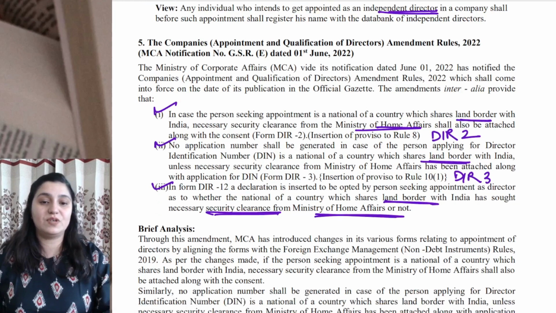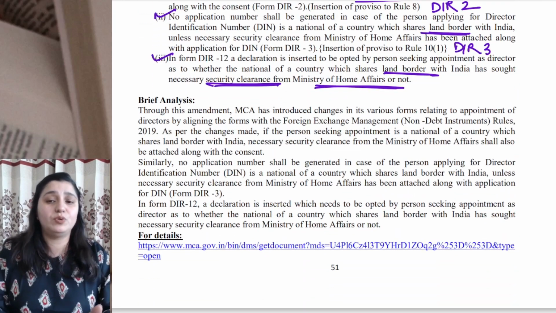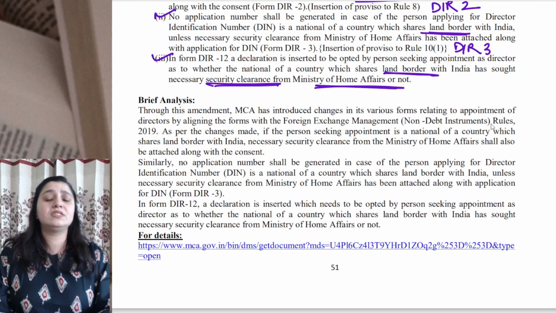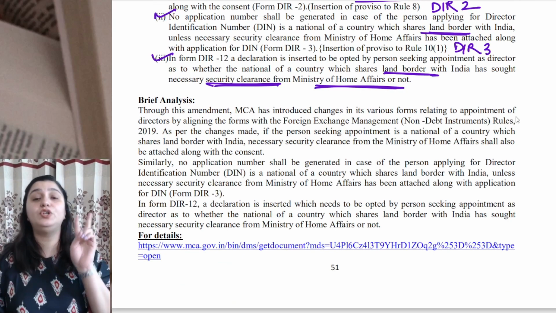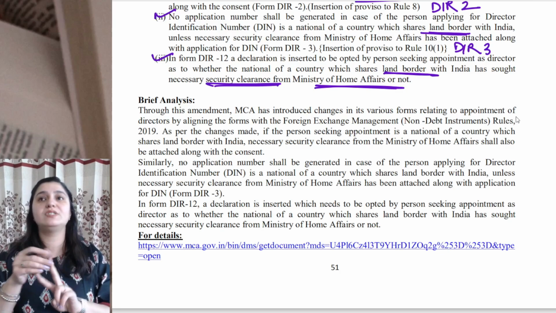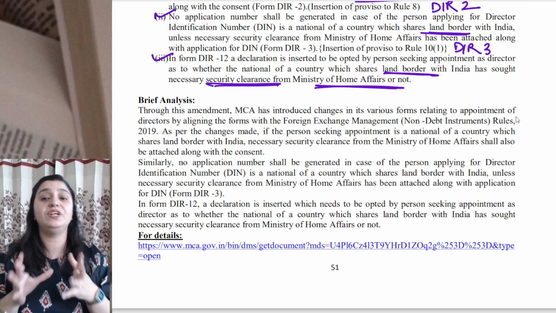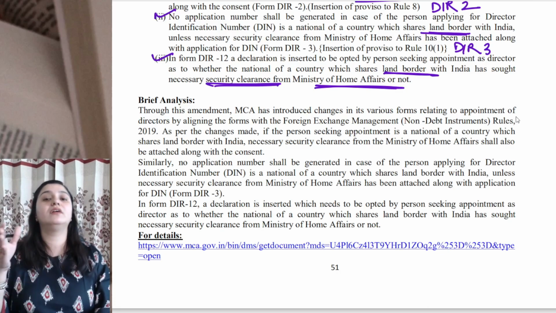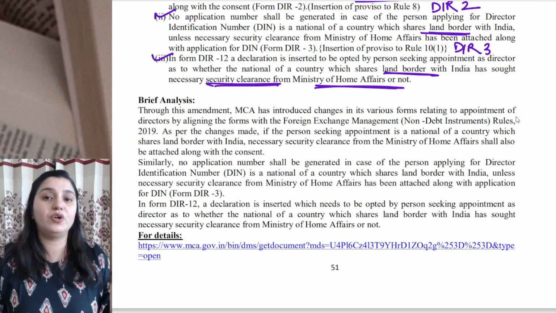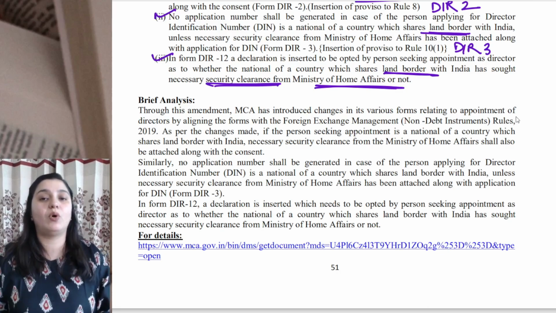Brief analysis again, as I've told you, MCA has introduced in its various forms. Now in yesterday's video also we have read two forms. One was SH4, second was PAS4, in which we required the declaration that whether you require the government approval or not when you share the land borders with India.